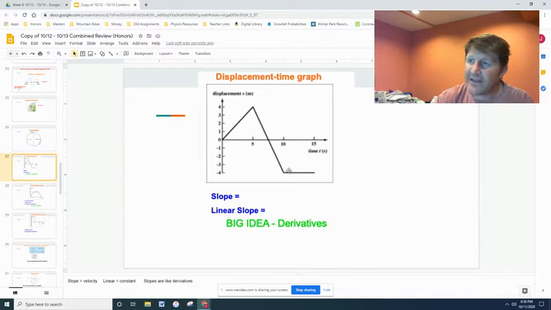And then if it's flat like it is here, that's telling us that we are having 0 velocity. So here we have an increasing velocity, but at a constant rate, a decreasing velocity, but at a constant rate, and then no velocity right here. And so again, the slope is that idea, the derivative that tells us what that velocity is.